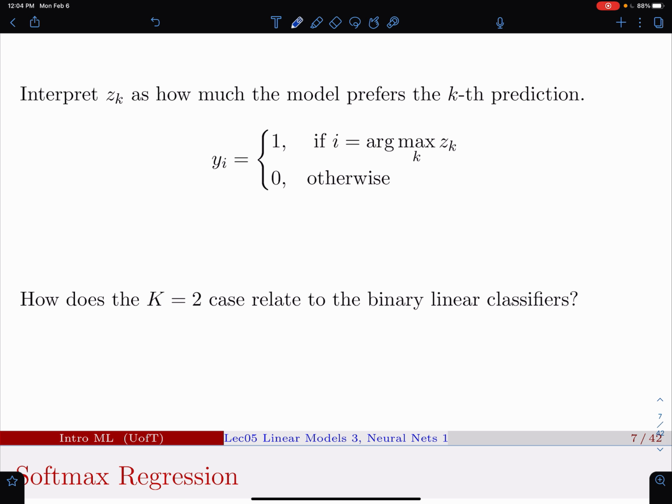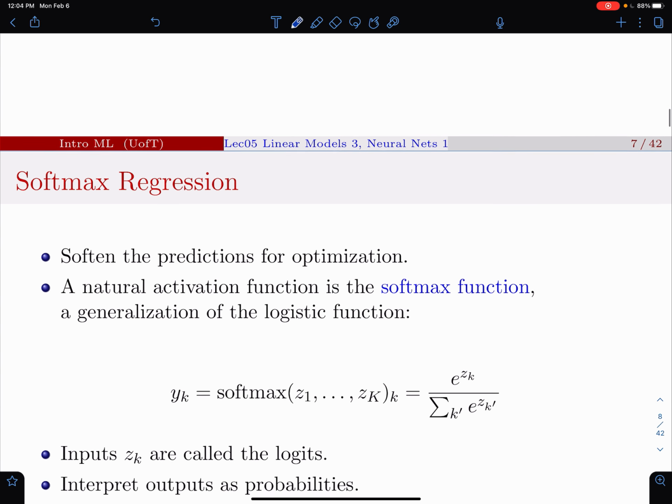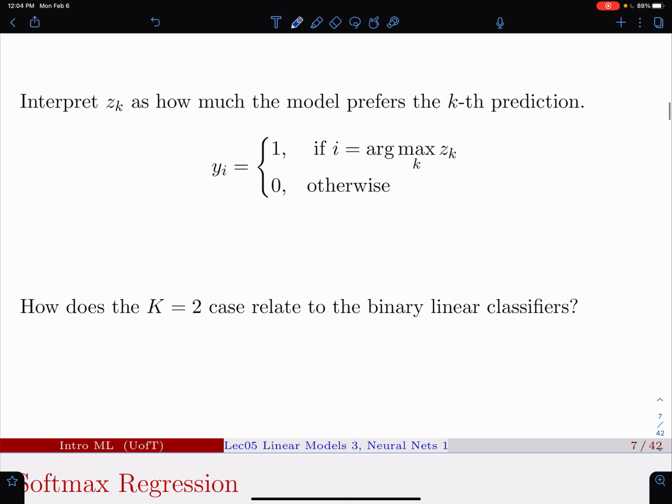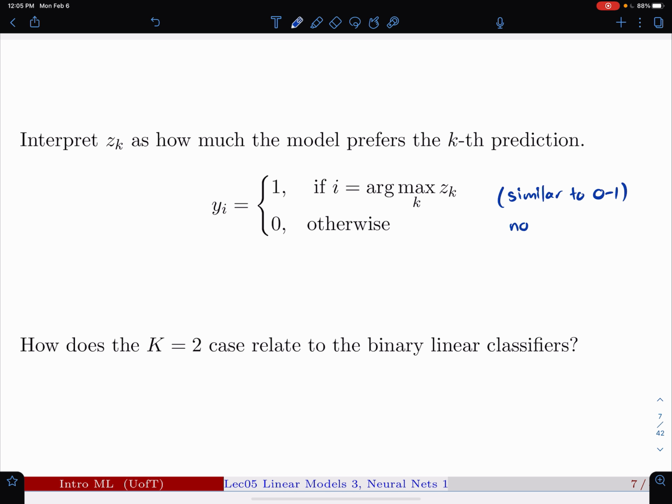I'll talk about how it relates to the K equals 2 case in a little bit. But this argmax function is sort of similar to the 0-1 loss function in that it is not easily differentiable, right?